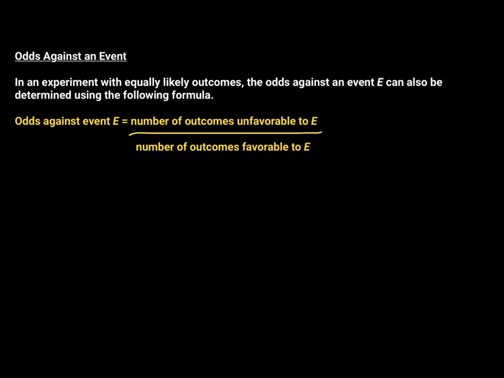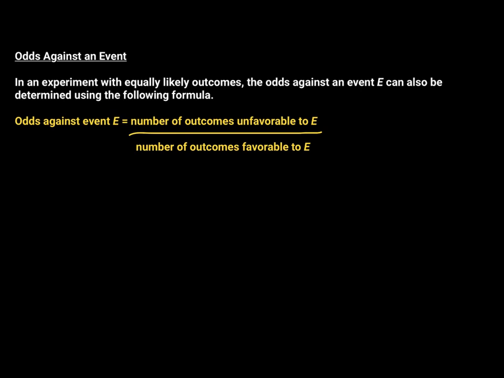In an experiment with equally likely outcomes, the odds against event E can also be determined using this formula. In the numerator, you have the number of outcomes that are unfavorable to E over the number of outcomes that are favorable to E. Okay? And so remember the answer of the previous problem was 5 to 1.